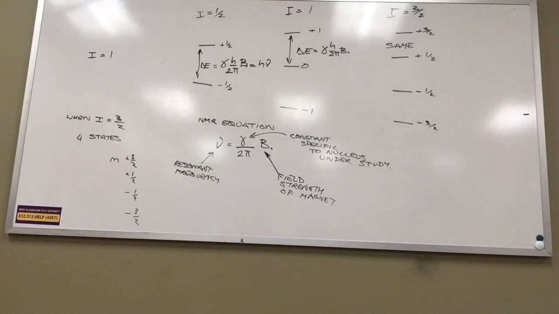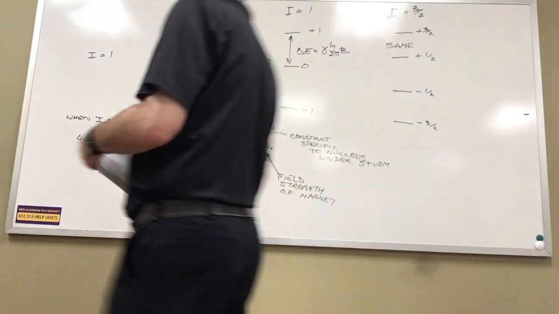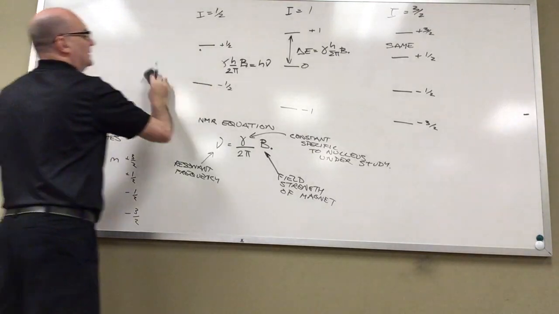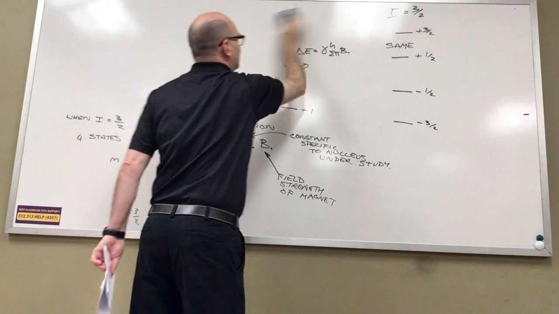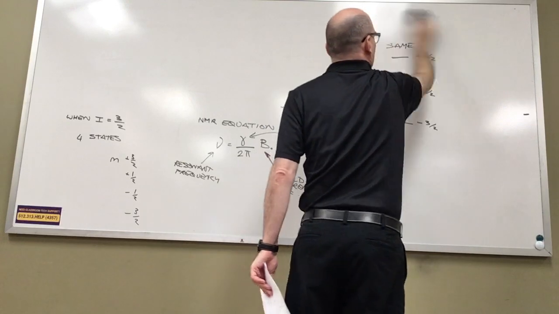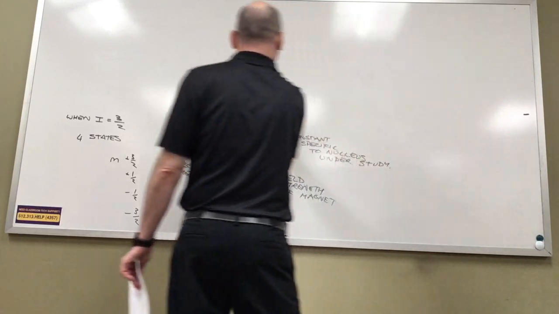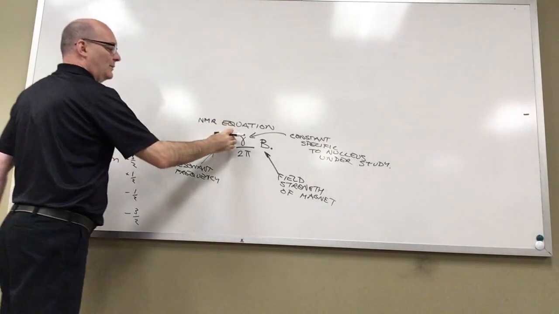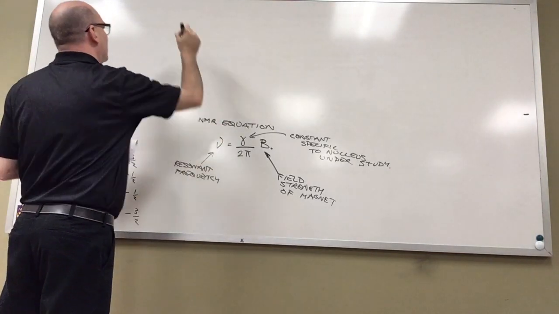Which means, if I were to do the same experiment, you are captive to two things. You're captive to the field strength of the magnet, and you're captive to the magnetogyric ratio. This frequency is going to depend on it.